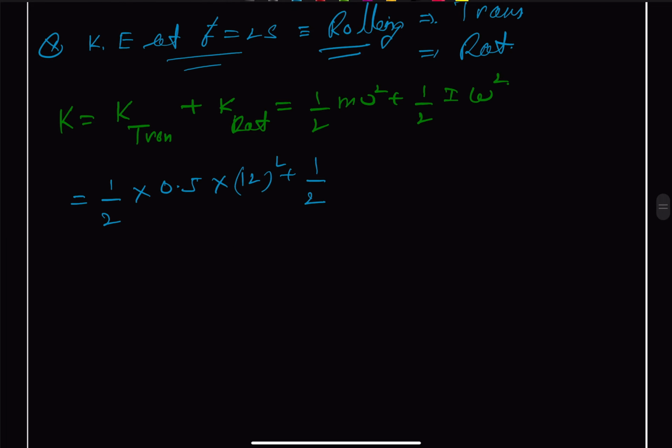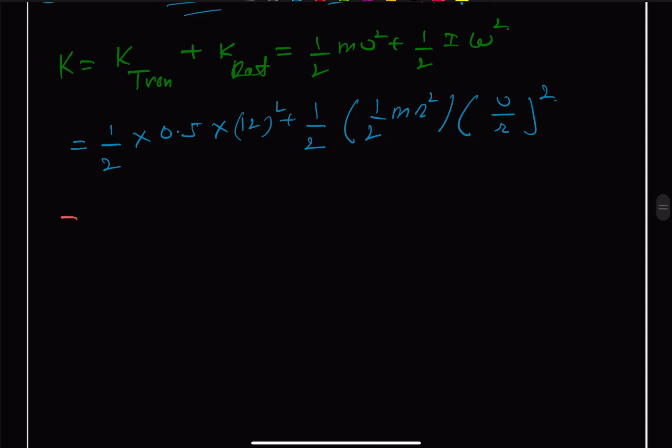Okay, let me put it here. So I will be equal to half mr square, and omega will be equal to v upon r whole square.